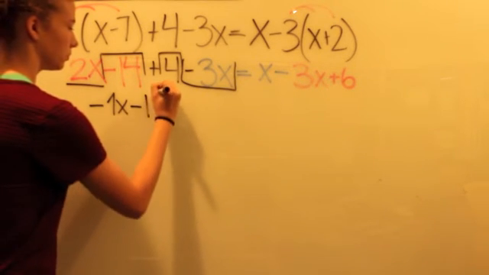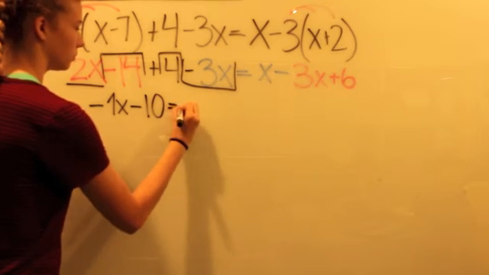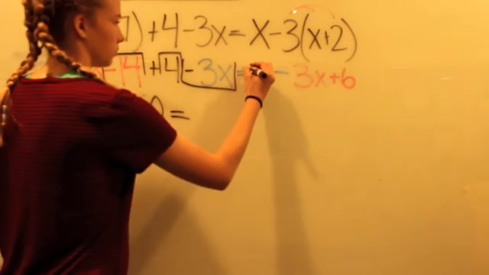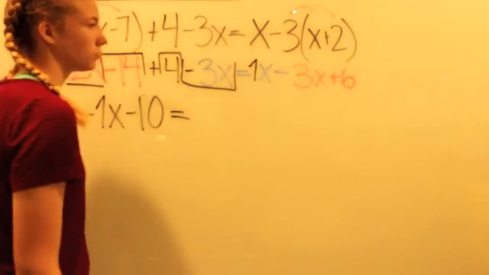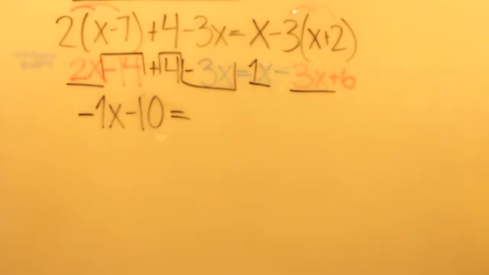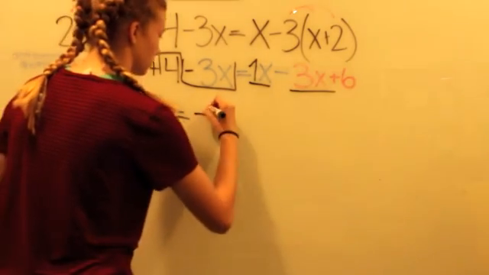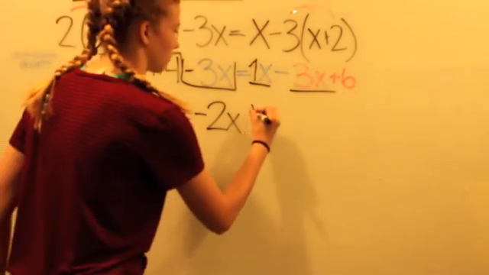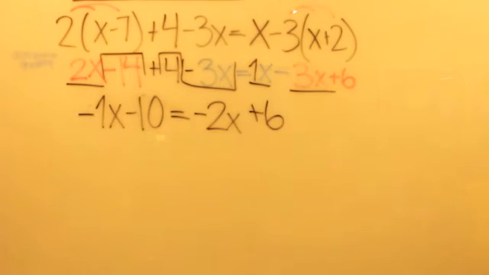Adding those together, we're going to get negative 10. Now let's look at the other side of the equation. We have 1x, or just x, minus 3x. This will give us a negative 2x, so we're going to bring that down into our other equation. And because we just have 6, we can't combine it with any other integer, so we're going to bring that down as well.